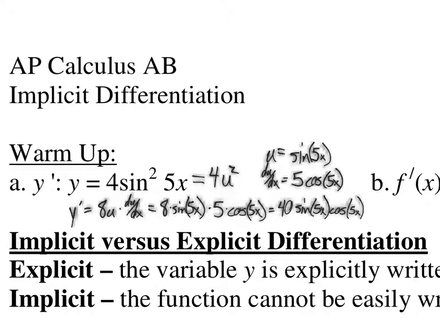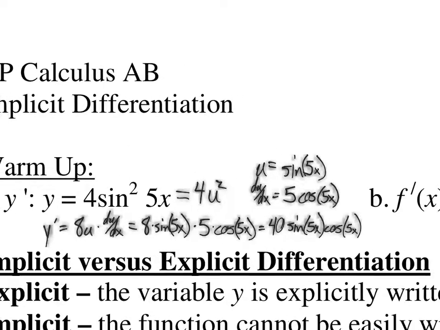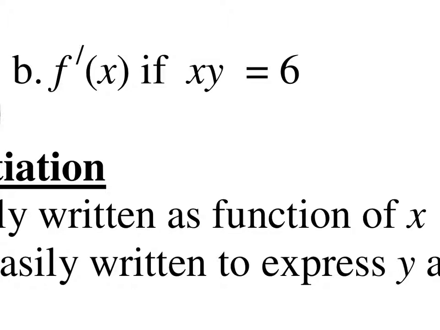Okay. All right. 40 sine of 5x cosine of 5x. Now this one poses us with a little problem here, okay?